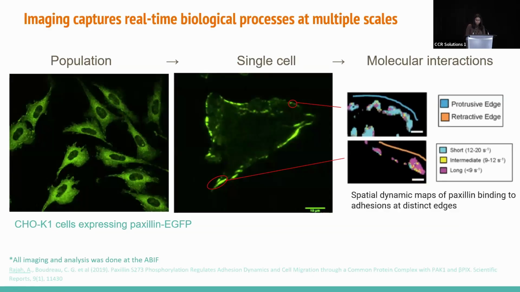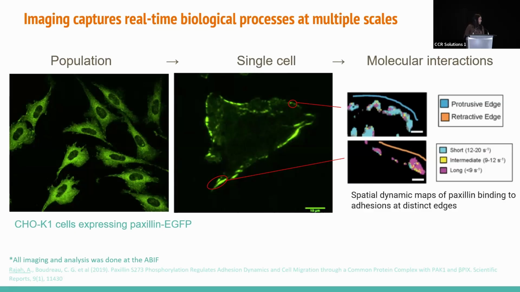So cell migration is a process that should be studied at multiple different scales. So traditional wide field or confocal microscopy can be used to understand cell migration at a population level, but more sophisticated modalities such as TIRF microscopy can be used to study the single cell as well as subcellular structures inside the cell during migration.